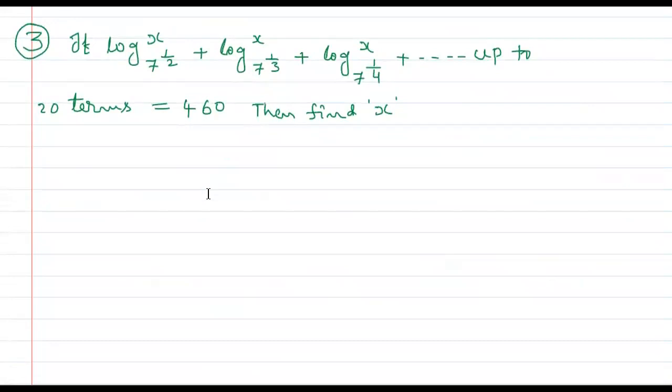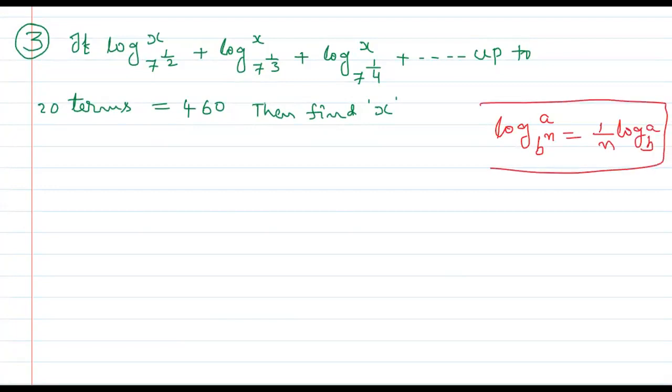This is a logarithm and sequences and series related problem. We know the formula: logarithm of a to the base b power n is 1 by n log a to the base b. So by using this formula we can calculate.